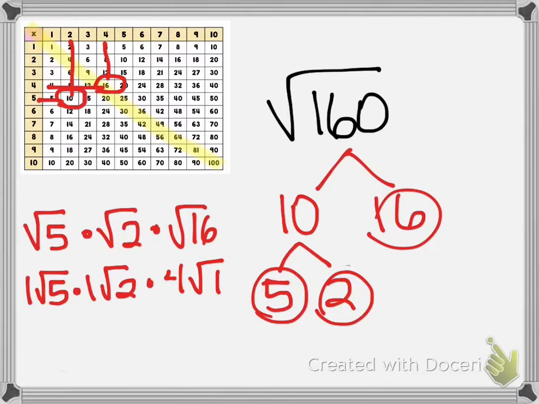So my final answer is going to get, multiply the outside numbers, 1 times 4 is 4. And the inside numbers, 5 times 2 is 10, times 1 is 10. So we'll work on this more in class tomorrow.